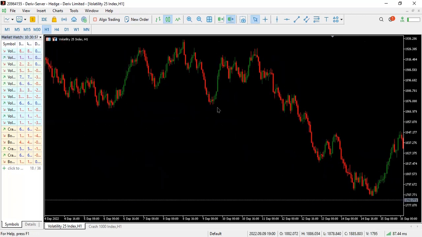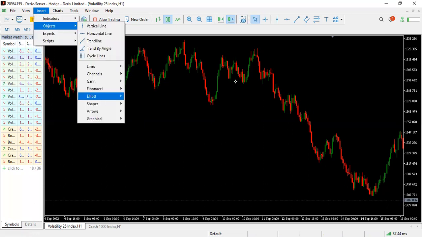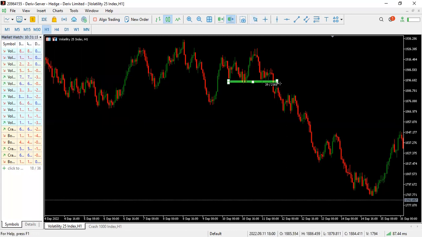Look what happened here. This is a touch, and this is a touch, and this is a touch. After this touch, here is the price testing this one, and then it went down. Can you see what happened here?